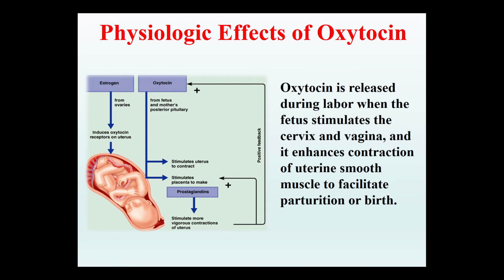Both sexes secrete oxytocin, so let's discuss its role in males. Males synthesize oxytocin in the same regions of the hypothalamus as females, and also within the testes and perhaps other reproductive tissue.